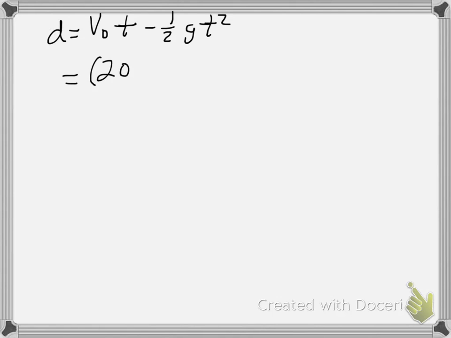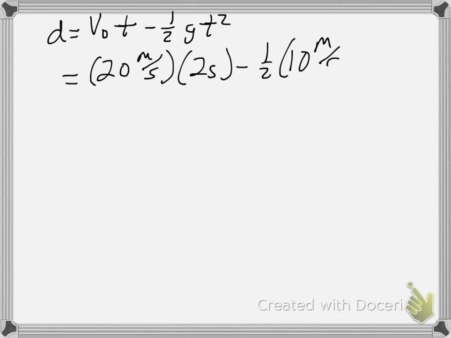And what about the distance? The distance equals v naught t minus 1/2 g t squared. So v naught, again, is going to be 20 times 2 seconds minus 1/2 times 10 meters per second squared times 2 seconds, quantity squared.